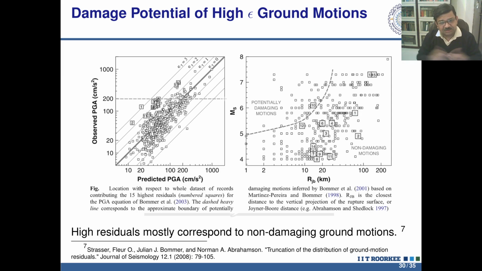The safety margin in our design codes is essentially designed to cover these: we underestimate the strength, we overestimate the load effects, and so on. Those will take care of these occasional very low probability happenings, considering the risk that is acceptable in our society. Right? So to emphasize, high residuals mostly correspond to non-damaging ground motions.